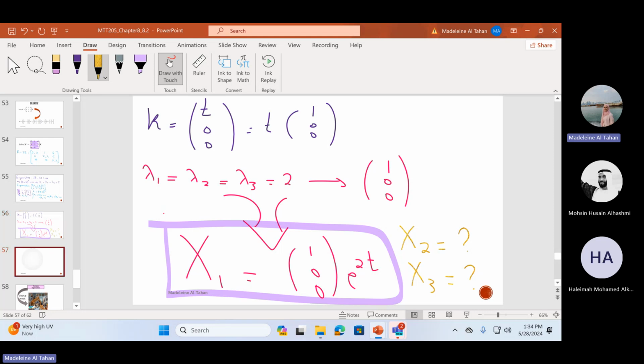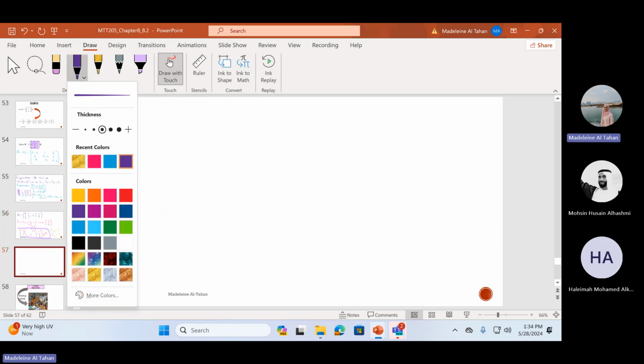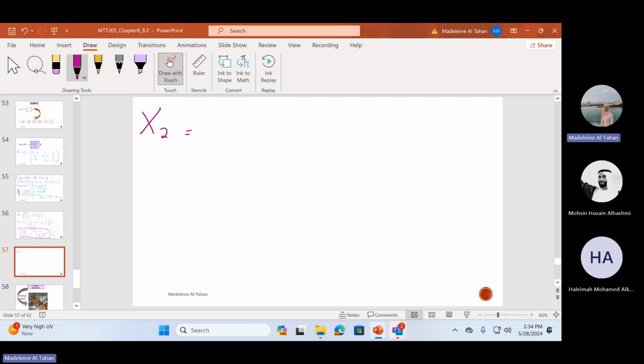How do we find the second solution? X2 is equal to x1 times t, right? X1 times t. What's x1? 1, 0, 0 e to the power 2t. And we will add plus P, which should be determined, times e to the power 2t.